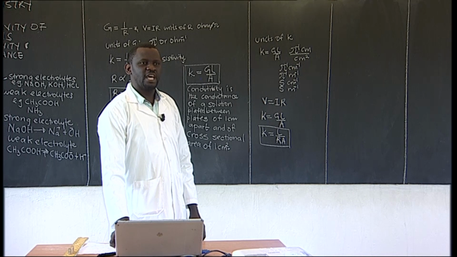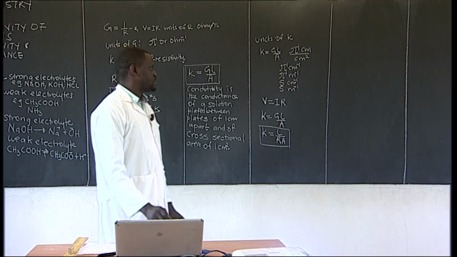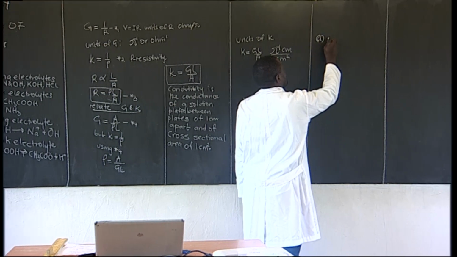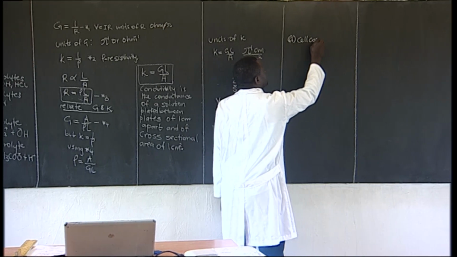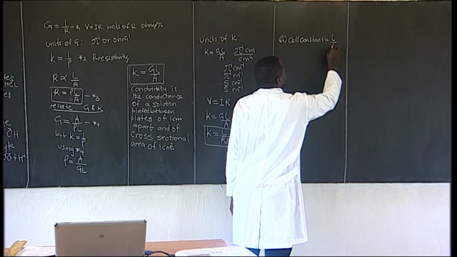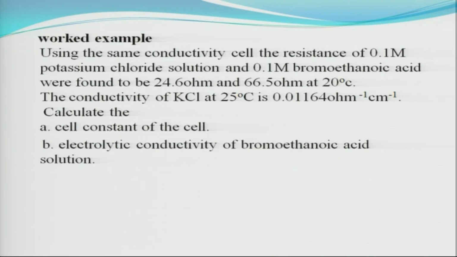So the cell constant will equal L over A. We can get L over A from the expression we looked at as an application to measure conductivity, so we can borrow it and use it in our question.